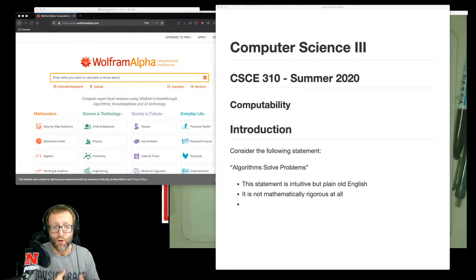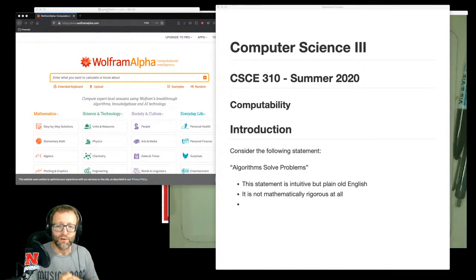But given an algorithm, you can prove that it's correct, that it actually solves the problem through an inductive proof or through some loop invariant of some sort, right? But the statement itself, the larger, more abstract statement that algorithms can solve all of our problems. Well, can they? Can I write a computer program to solve any computer problem, right?